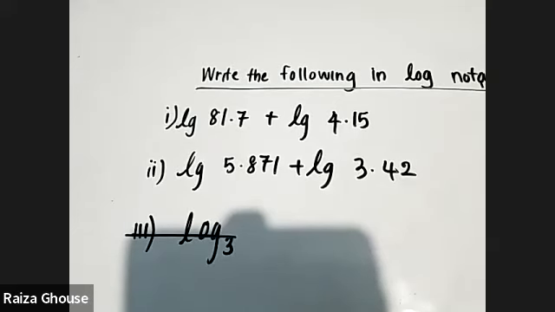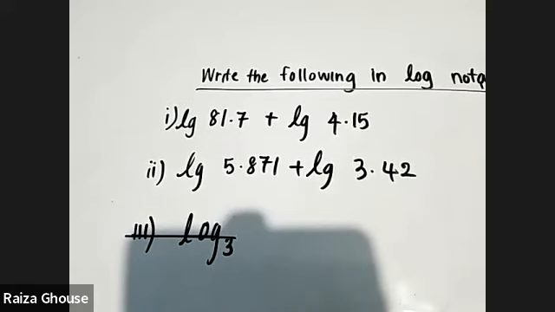Okay. So your homework: do only 19.1 and the review exercise. Don't do 19.2 because we have to discuss one more law.